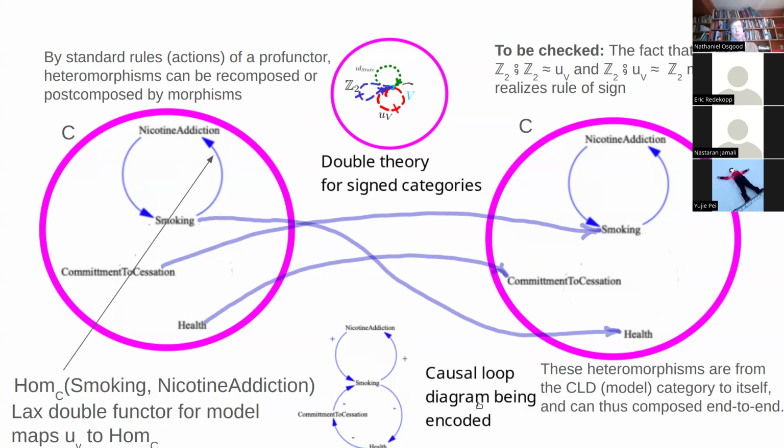And we noted for the causal loop diagram that these morphisms encoded by the Hom profunctor, the identity pro arrow here, are associated with plus links between variables. And the heteromorphisms are associated with negative links.